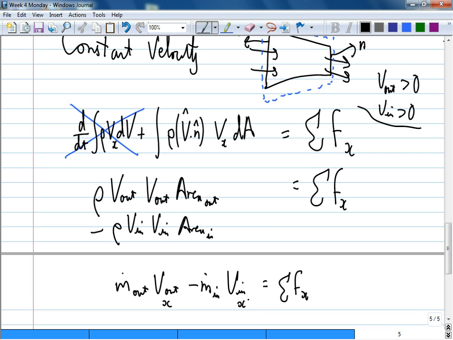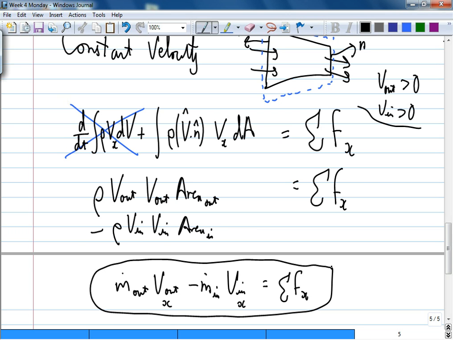So rho v out A out is actually m dot out. Rho v in A in is actually m dot in. So that's how I made that one. Normally you use this one.